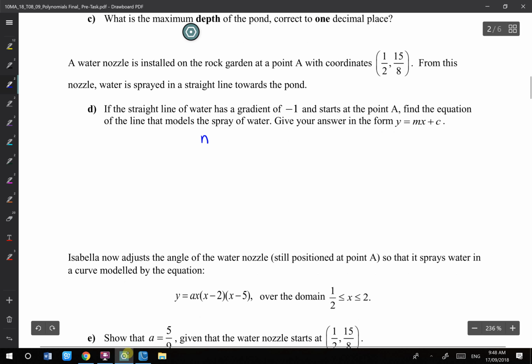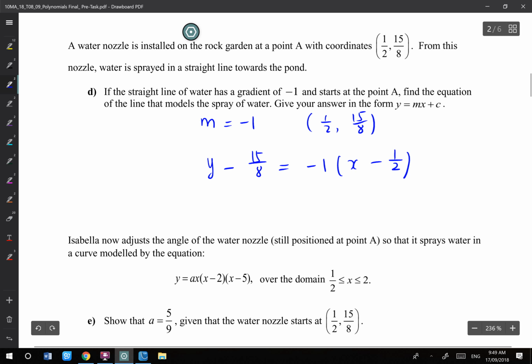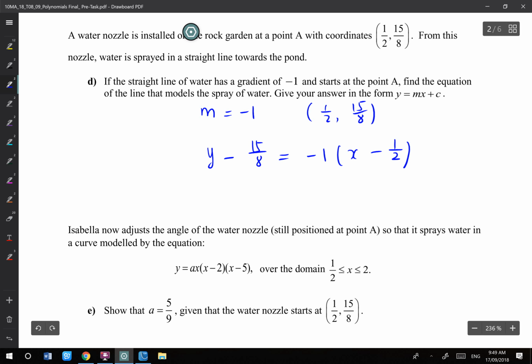Also, I know the gradient equals -1. I know the coordinates on this graph. So what I will have is y minus y1 equals gradient times x minus x1. I can substitute to find c. That's one way to do it, or I can use this equation to do it. They will have the same result. In the end, I will have -x plus 19/8.